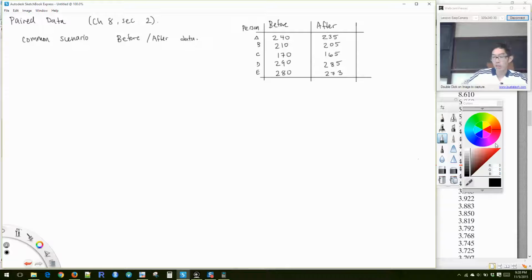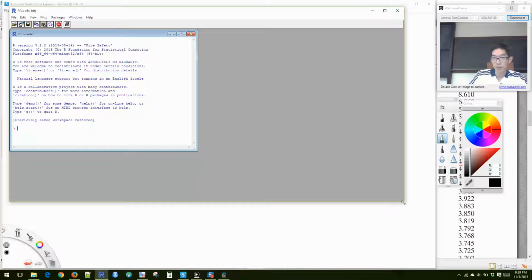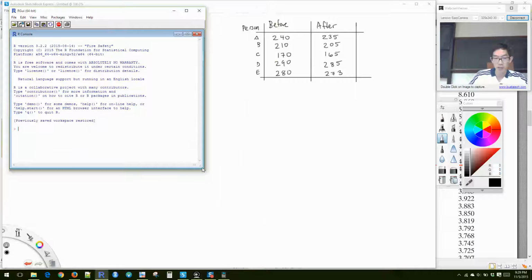I could conduct this in R, and the way to conduct a t-test in R is actually very simple. You create a vector of values. So here I would say before is 240, 210, 170, 290, 280. And then after, I'm going to store these values: 235, 205, 165.